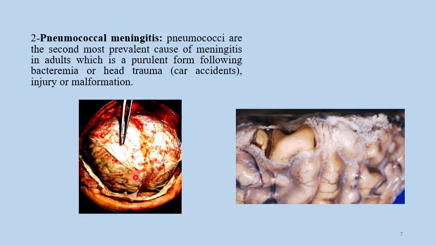This picture shows you what the meninges are. The meninges are the membranes which cover the brain and the spinal cord. So inflammation occurs in this membrane, and this is called meningitis.